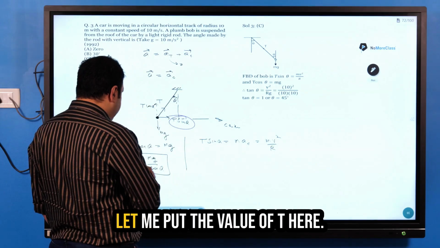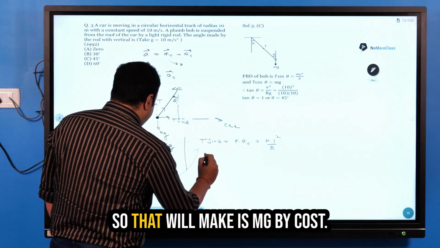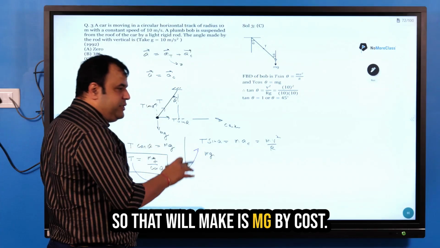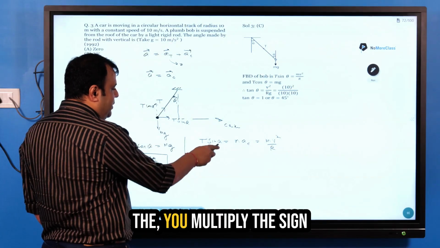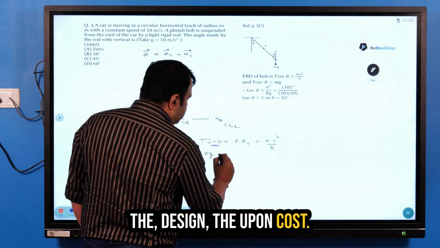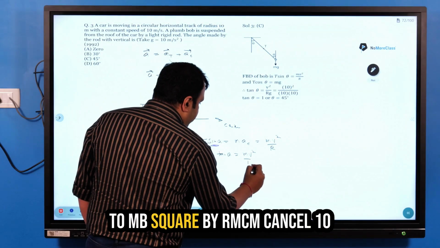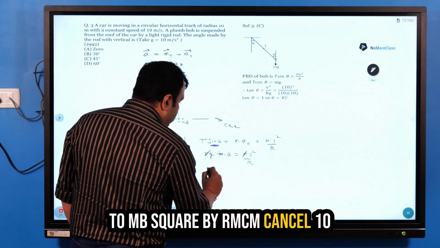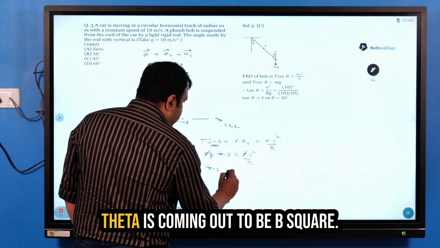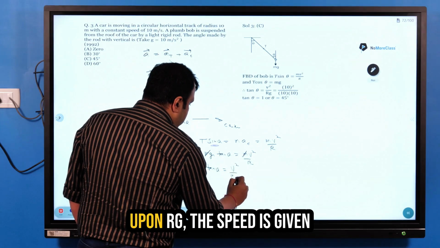Now let me put the value of T here. That will make it mg by cos theta, multiplied with sin theta. Sin theta upon cos theta will be tan theta, and that is equal to v square by r. The m's cancel. Tan theta is coming out to be v square upon r g.